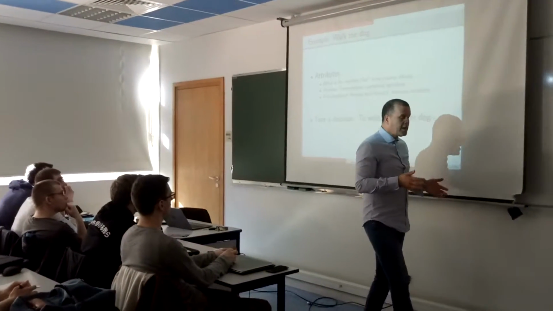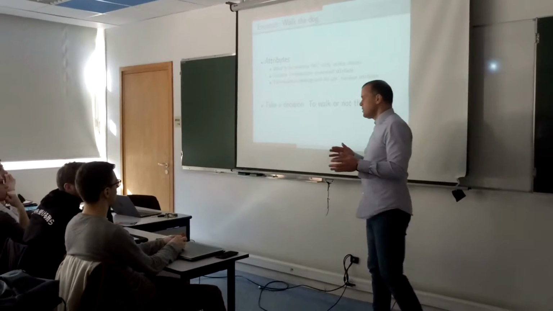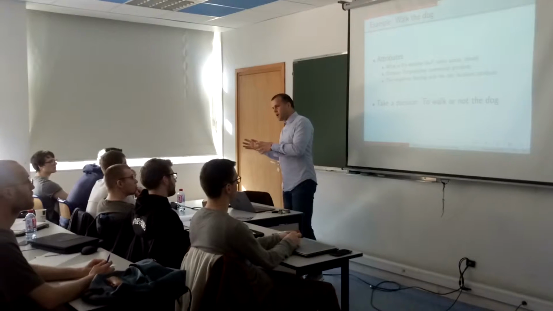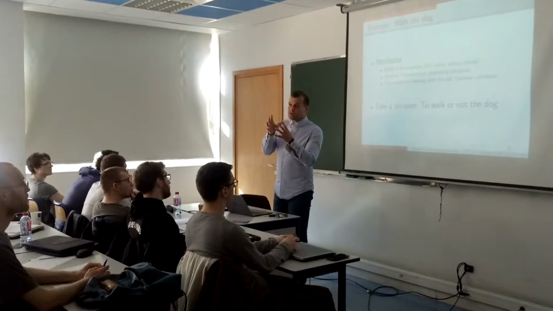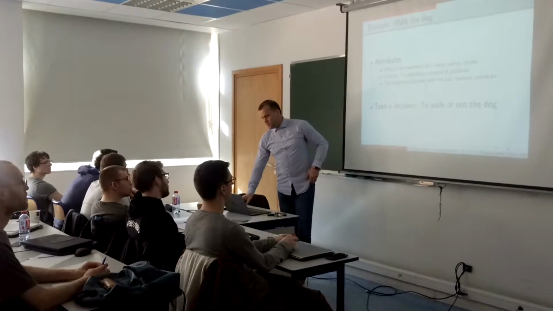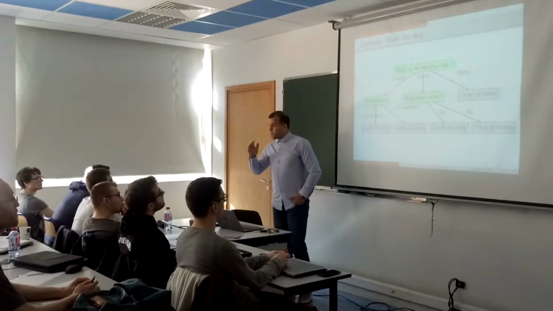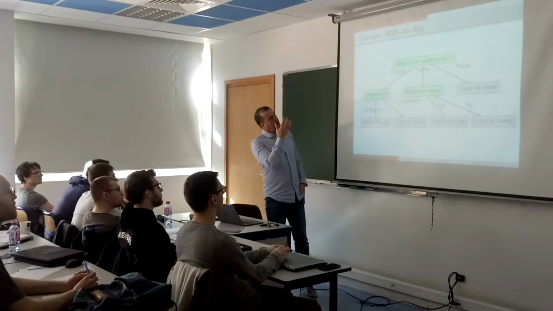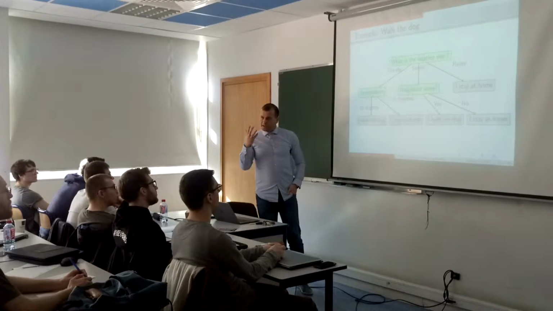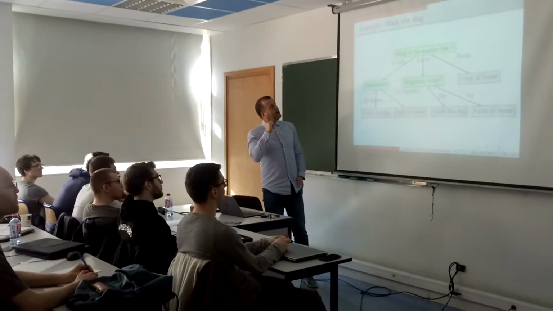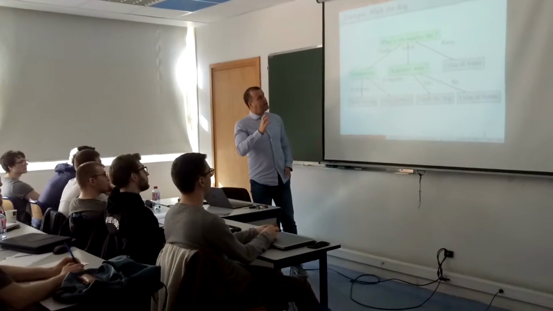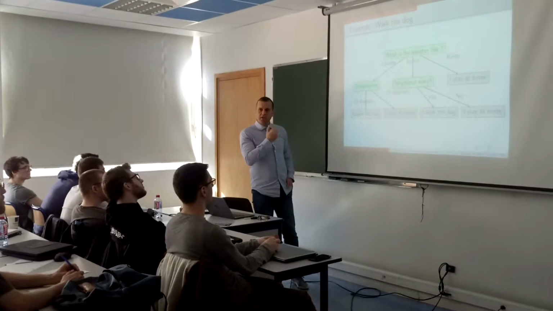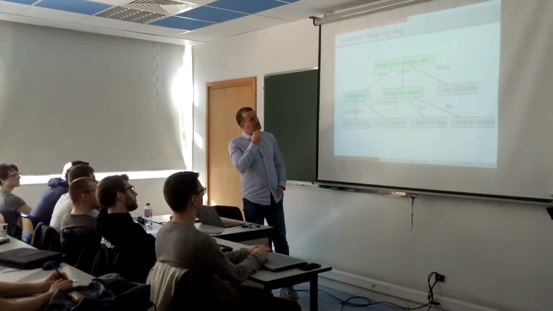With her experiments, every day this woman opened the window and looked outside to try to understand what happened with her neighbors. And with this information, she built this tree. And she understood that her neighbor walked the dog when the following conditions are true.